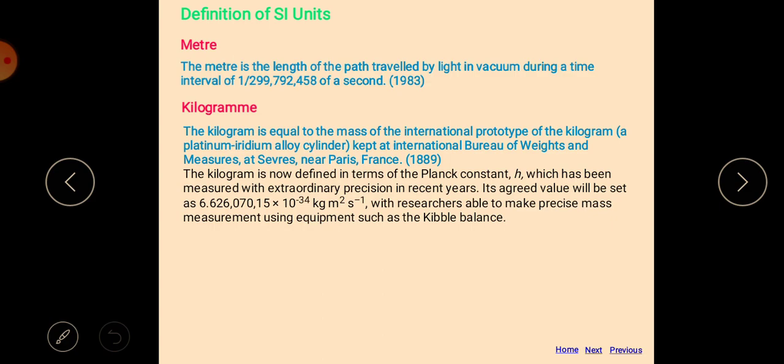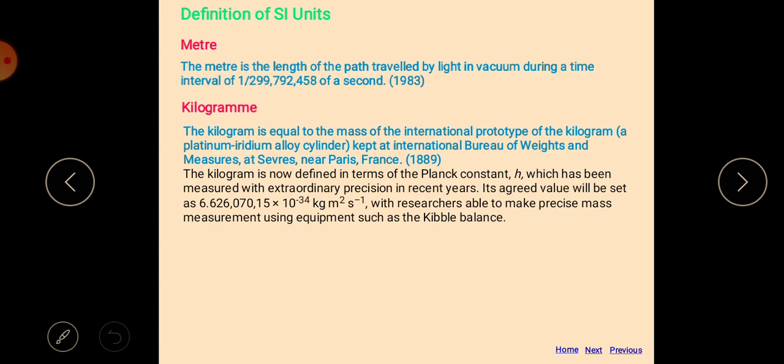But in 2019 this definition was changed because there is some deterioration of the platinum iridium alloy with the passage of time. Therefore it was thought that this definition should be rectified, as in the case of meter, which is defined in terms of the speed of light, which is not going to change with the passage of time and has no effect on physical conditions.